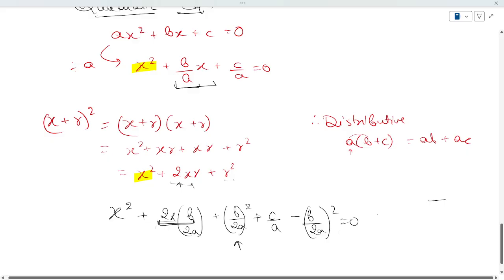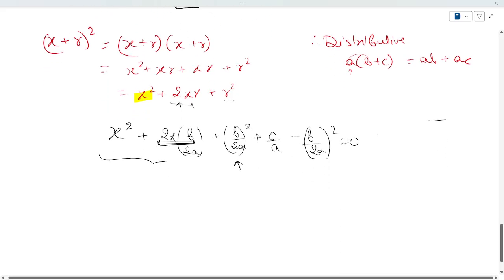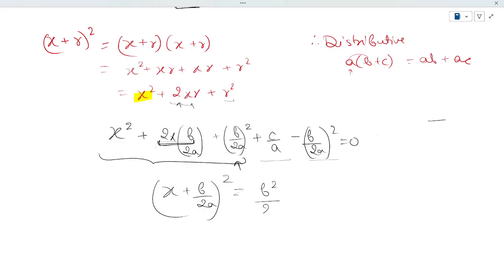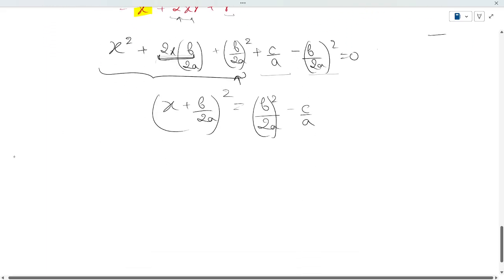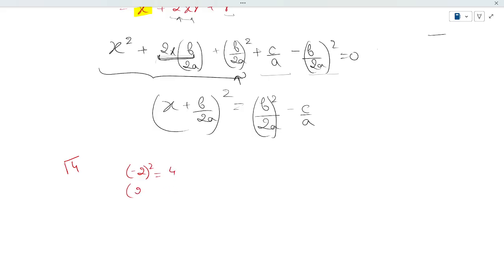So we can write this as x plus b upon 2a whole square, and taking these on the right hand side, b square upon 2a whole square minus c upon a, right? So now, let's say you have under root 4. If you have minus 2 whole square, what will be the answer? 4, right? And if you have 2 whole square, what will be the answer? 4, right? So there are two values that fit this under root.